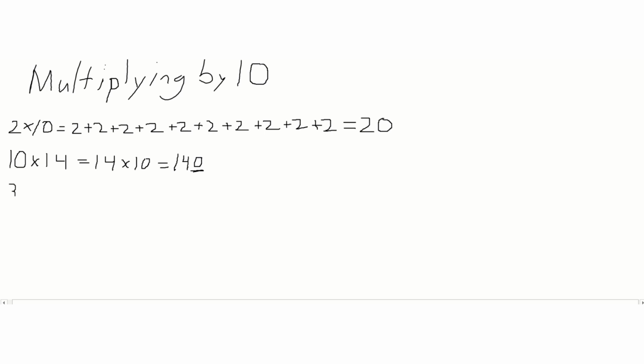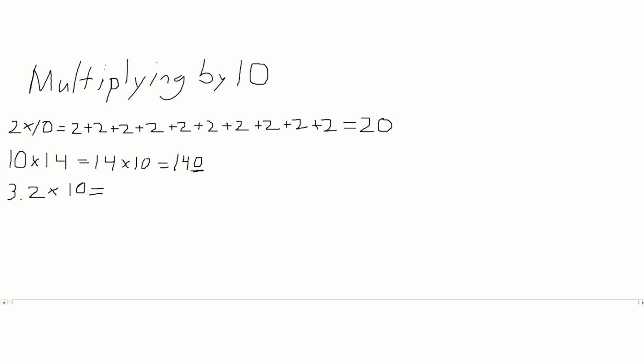What if you had 3.2 times 10? This is a little different than just adding 0 to the end of it, because you have a decimal point in your problem.